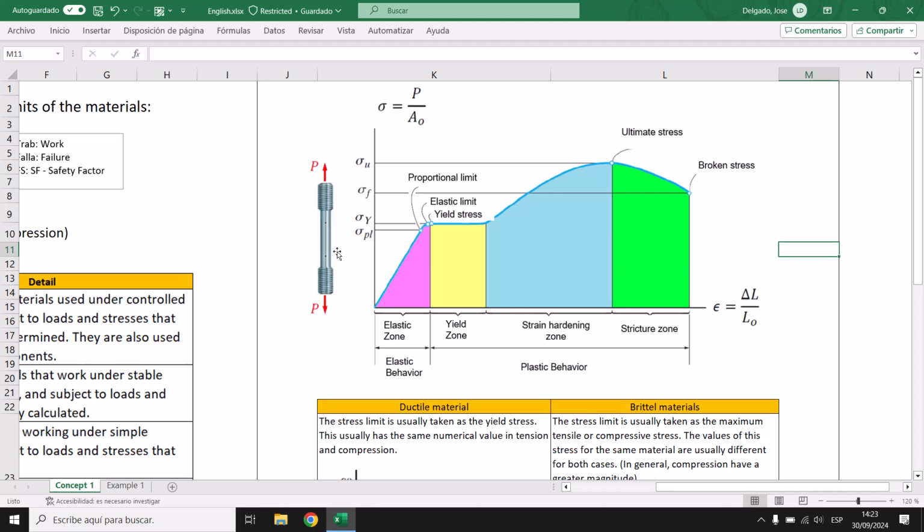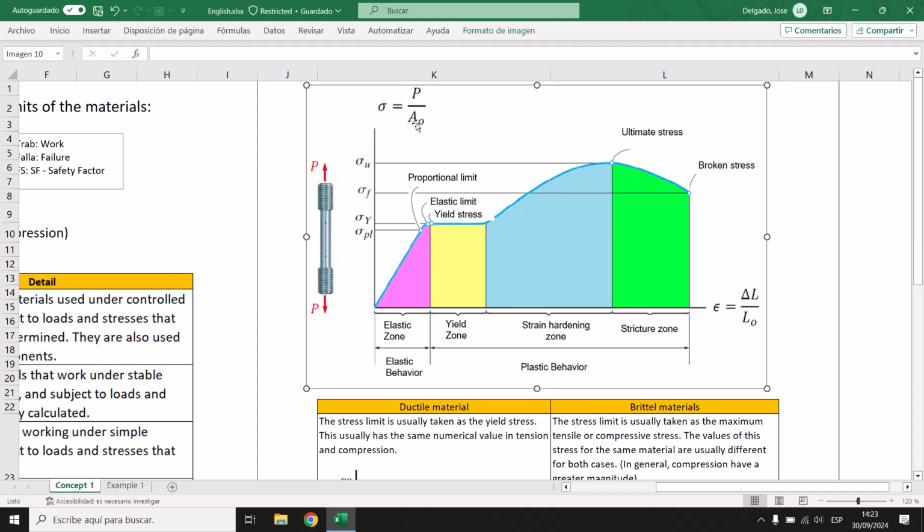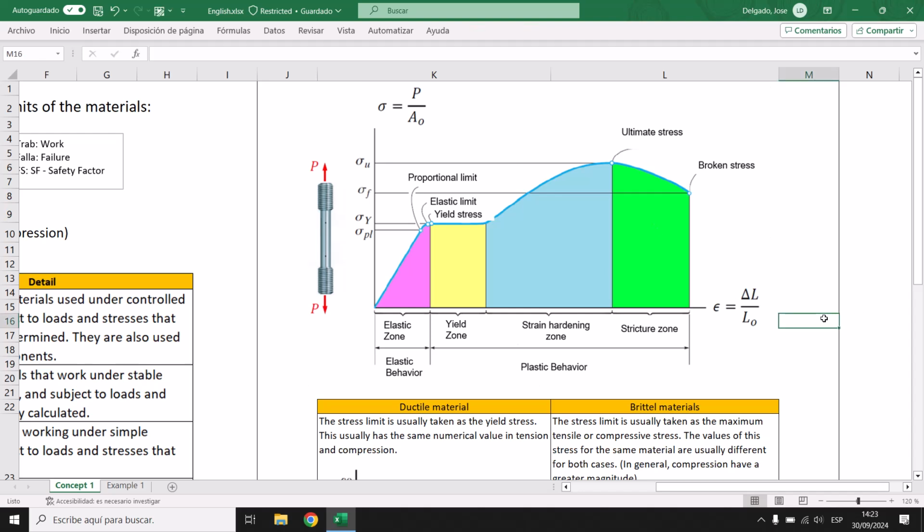As you can see here, this is the stress of the material, and this is the elastic coefficient. If you remember, it's the final length minus the initial length, divided by the initial length, and this indicates a force divided by a section area.